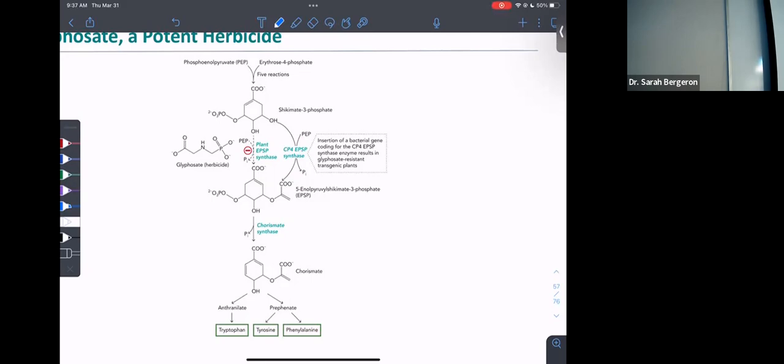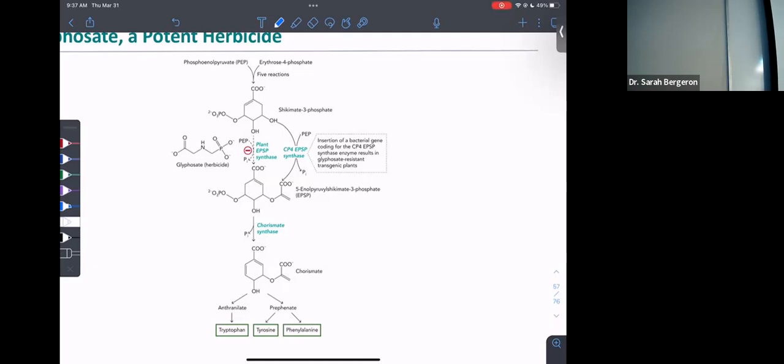But if I replace this gene with a gene that is resistant to the herbicide, now my genetically modified organisms can survive because this inhibitor doesn't have any effect. But how about the natural plant life? They die, right? So you have to be very careful of where you're spreading this herbicide, because if you spread it outside of your cropped plot, you're going to affect the plant ecosystem there.